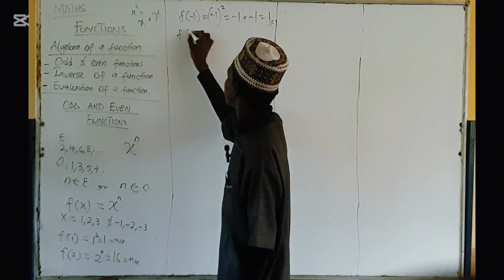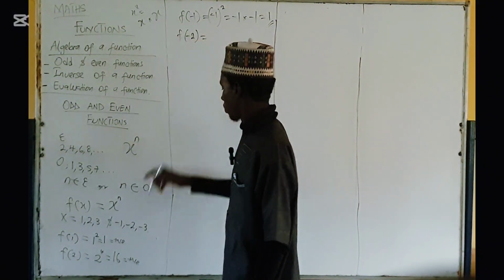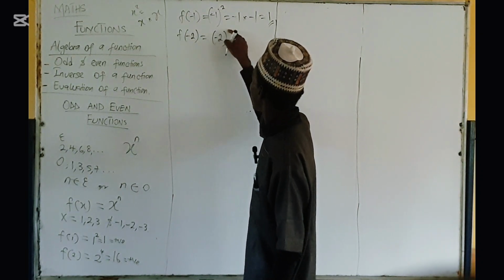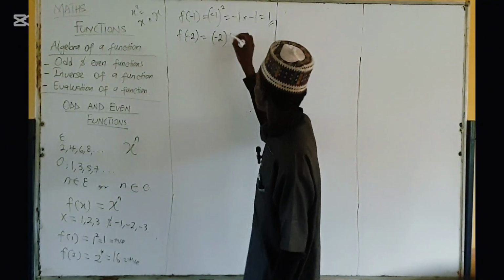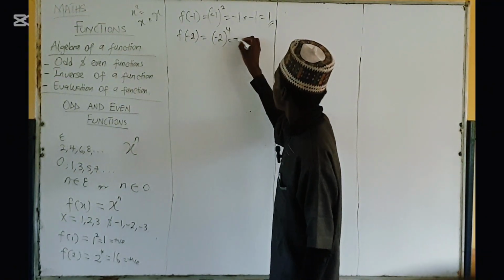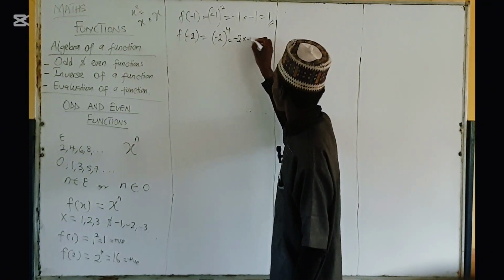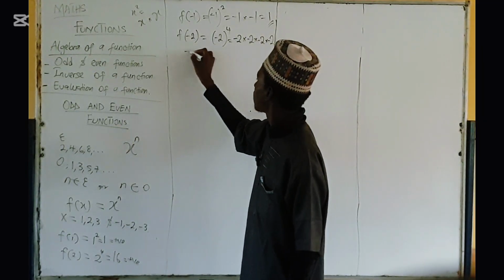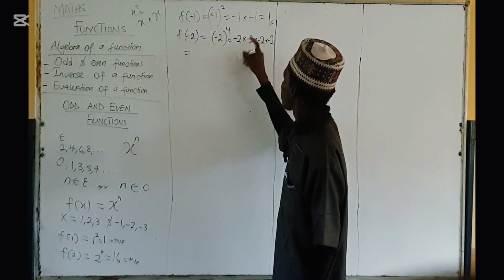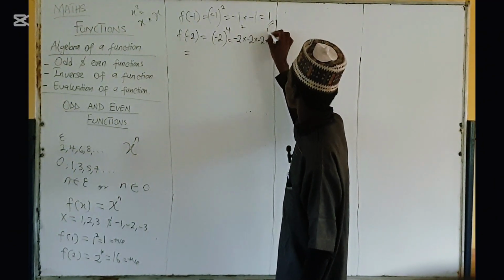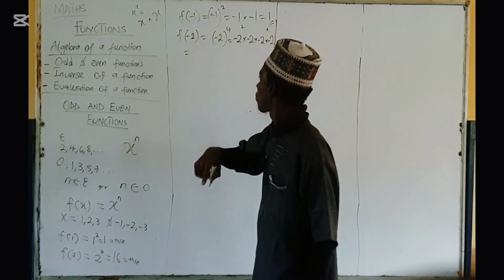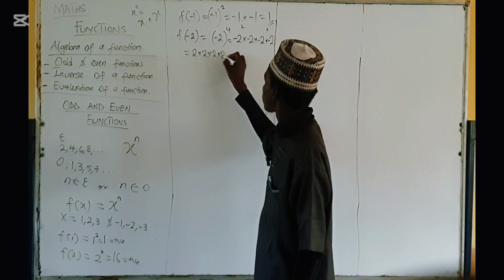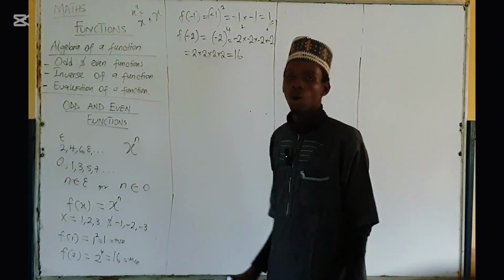Now f of minus 2. Let me take the next even number, which is 4. I have minus 2 times minus 2 times minus 2 times minus 2. Minus times minus is plus, minus times minus is also plus, plus times plus is also plus, which means I will have 2 times 2 times 2 times 2, which gives me 16 also.